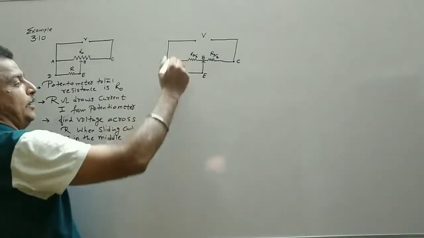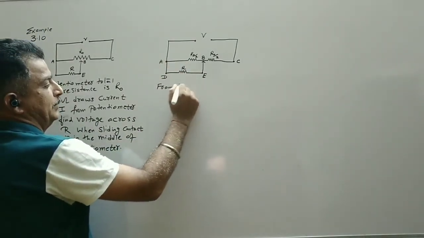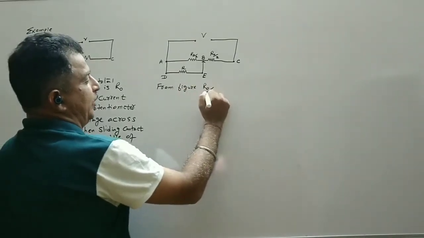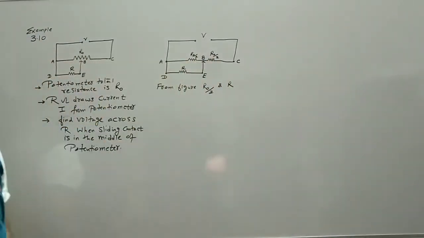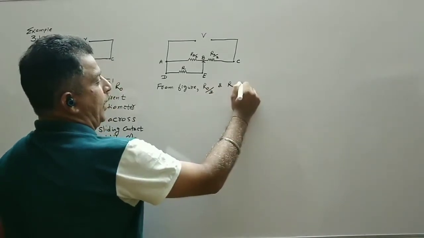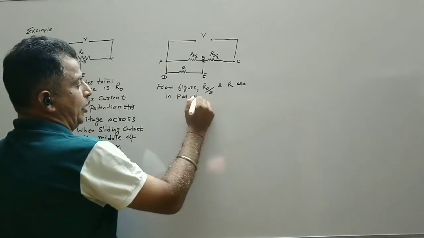Now from the figure, R naught by 2 and R are in parallel combination.